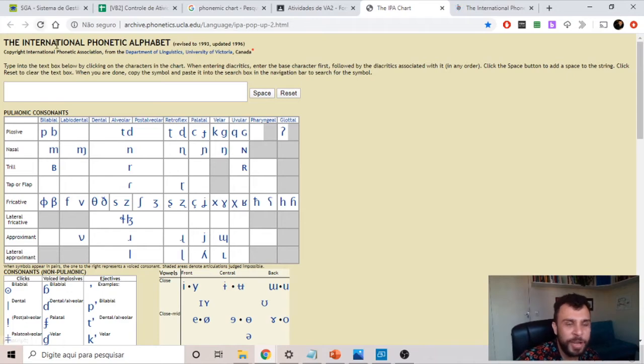So remember the International Phonetic Alphabet, the IPA, the instrument that classifies all sounds in all possible languages? What we saw last time is that consonants are distributed in this chart here. They are classified in terms of place of articulation, manner of articulation, voicing as well.